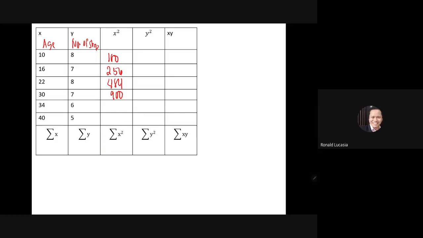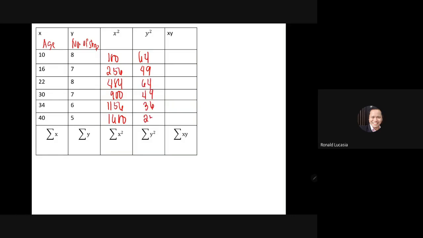Next. 1,156. Okay. 1,600. Yes, that's correct. What about Y squared? 64. Okay. 49 po. 49. Good. This is 64 also, no? 49, 36, 25.